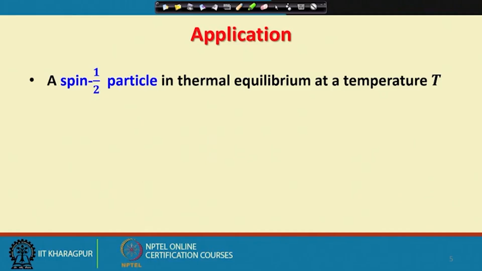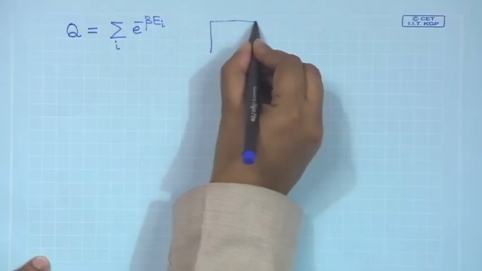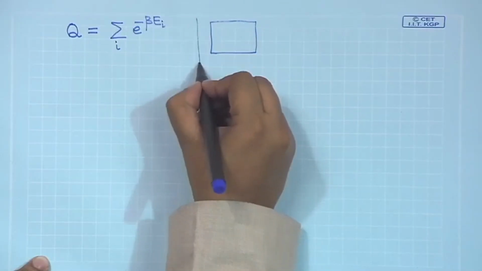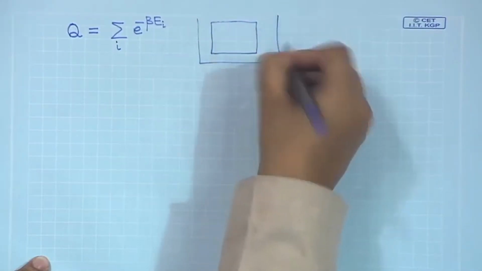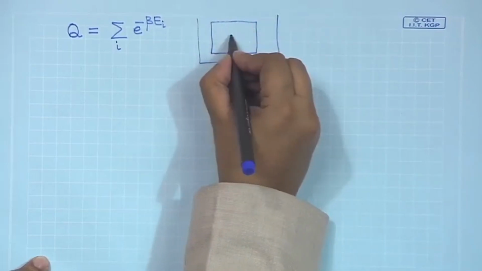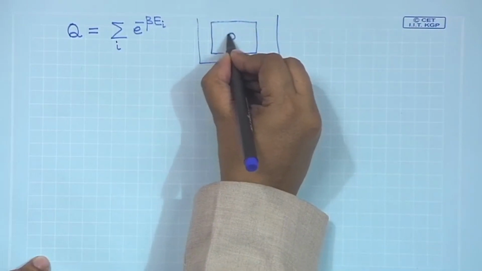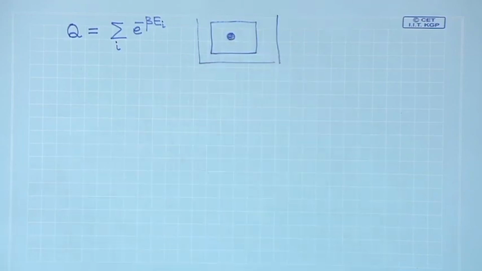The first application that I have in mind is a single spin half particle. Unlike the isolated system, this system is immersed in a thermal reservoir, and for the sake of simplicity, I have a single particle.